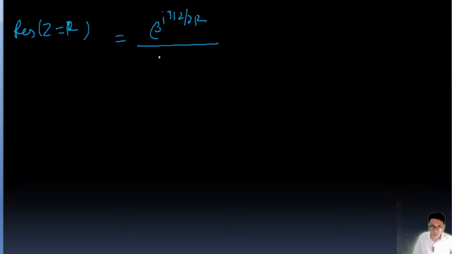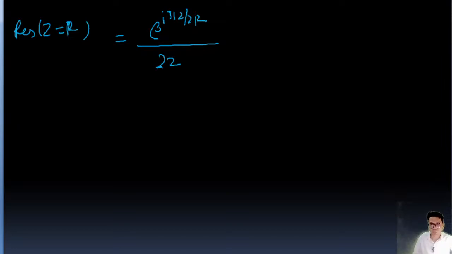So residue is going to be residue at z equal to r. Residue at z equal to r is going to be e to the power iota pi z upon 2r, upon 2z.